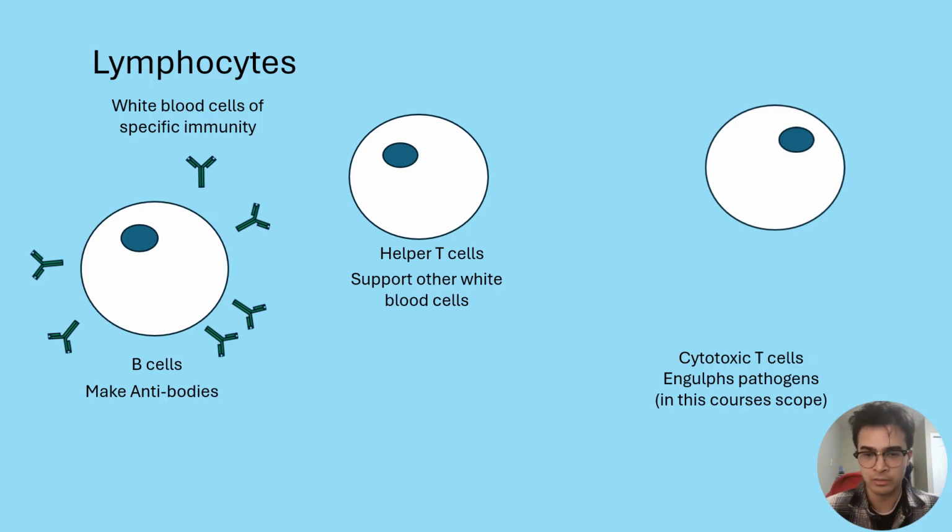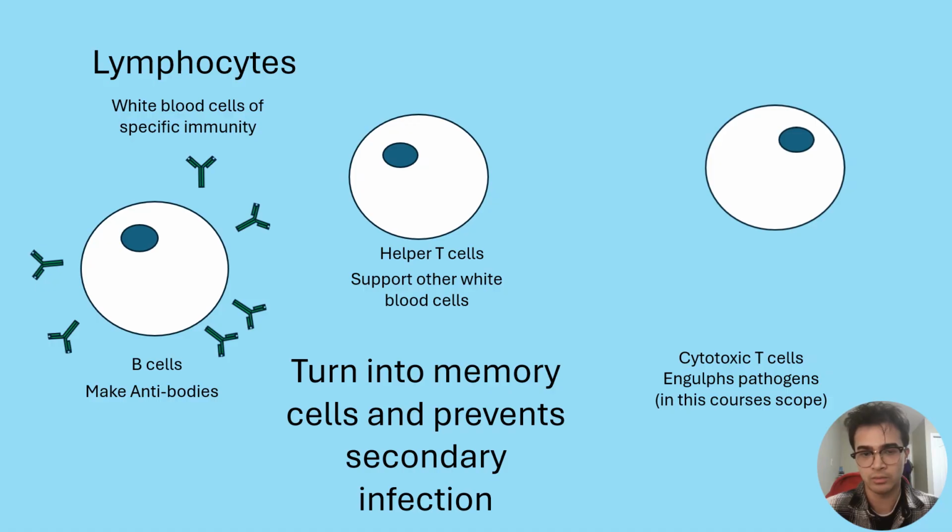After an infection, the B cells and T cells become memory cells, which remember a specific pathogen and stop a second infection from occurring. So now we're going to talk about how people become immune to diseases.